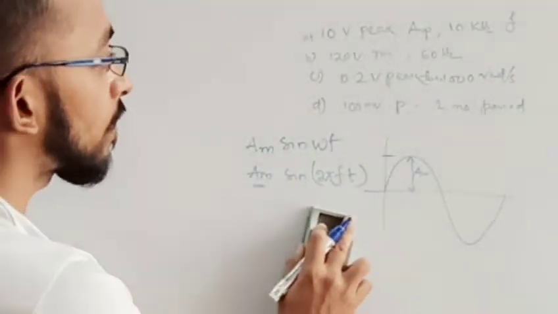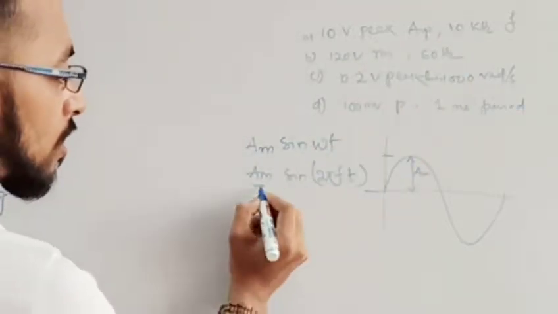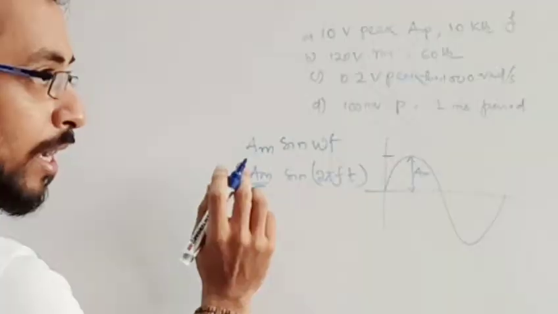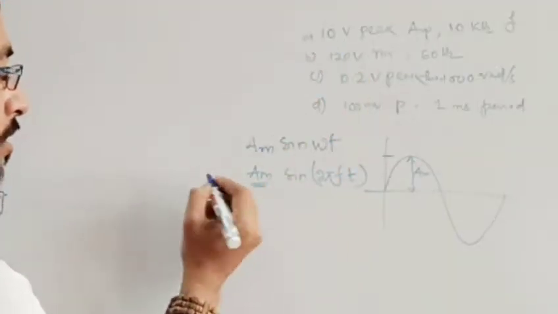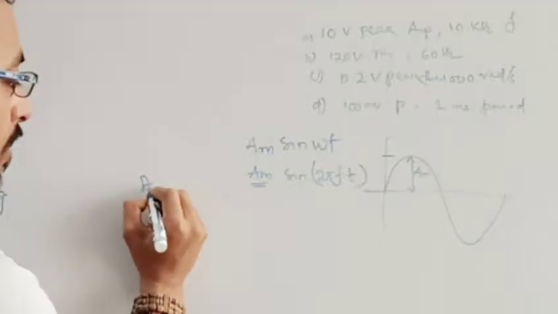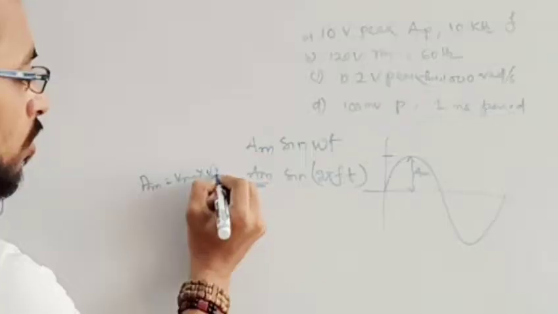Then the second one is given as 120 volt RMS and 60 hertz frequency. Here it should be a maximum amplitude Am, but it is given as RMS. So how do we convert RMS into peak? Peak amplitude Am is nothing but V RMS into root 2.